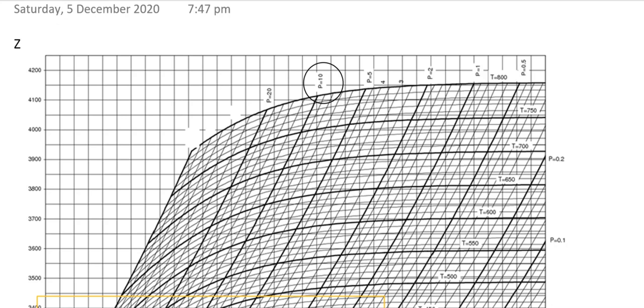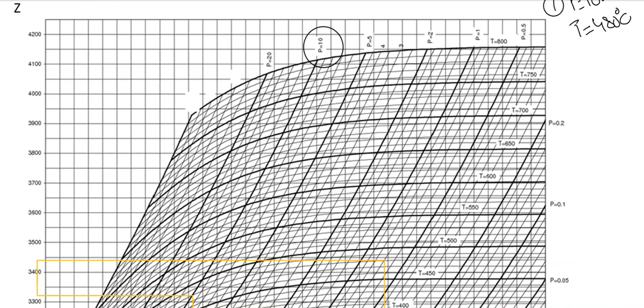So let's find the pressure at state 1. We have a pressure of 10 megapascal and a temperature of 480 degrees centigrade. So you can just check it over here. We have different pressures over here, and at this point is the pressure of 10 megapascal. So this is my pressure, 10 megapascal. Now coming to the temperature line.